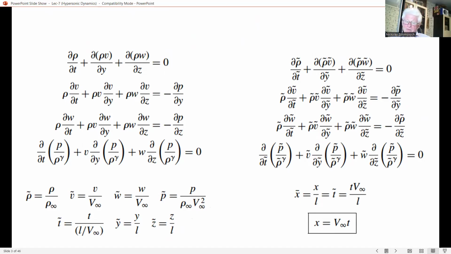However, we will use these values as we have before, namely rho infinity is some free stream density, and V infinity is some free stream velocity, right? In the x direction.